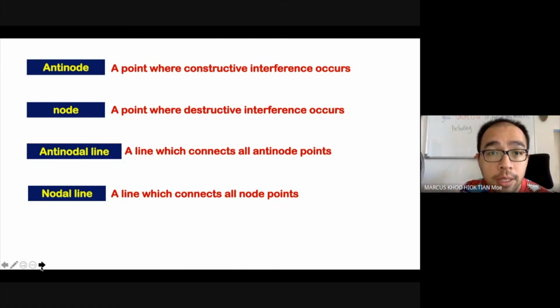Usually we find that they form a straight line, not a zigzag line. We will actually see this in Wednesday's class, when we do the activity.